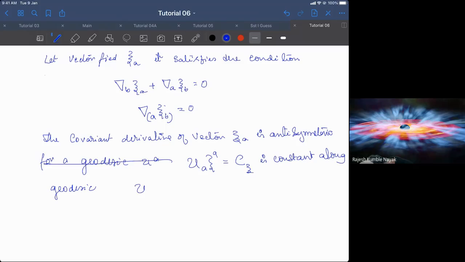That means that U^A U^B del_A xi_B is equal to 0. So this is a theorem, and the vector xi a is called a Killing vector.